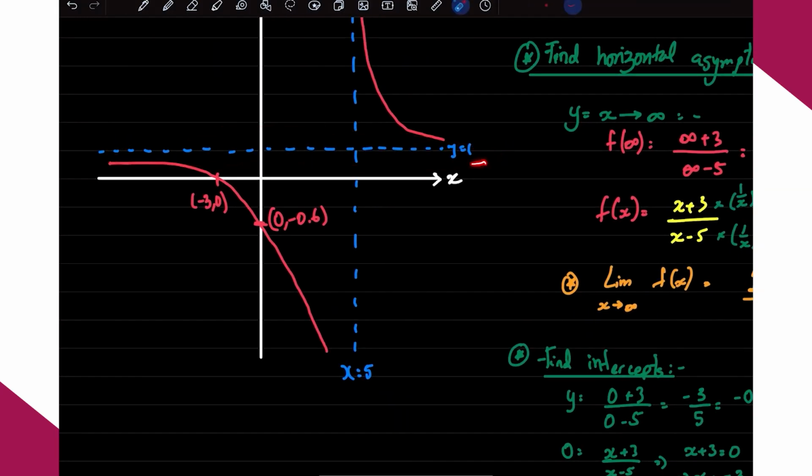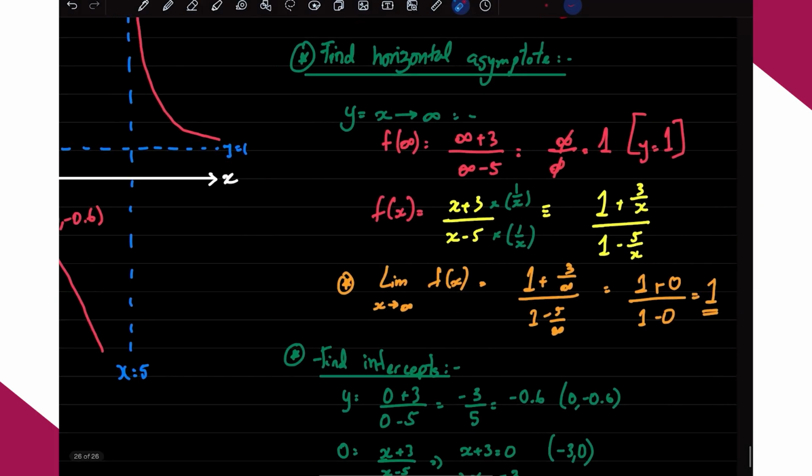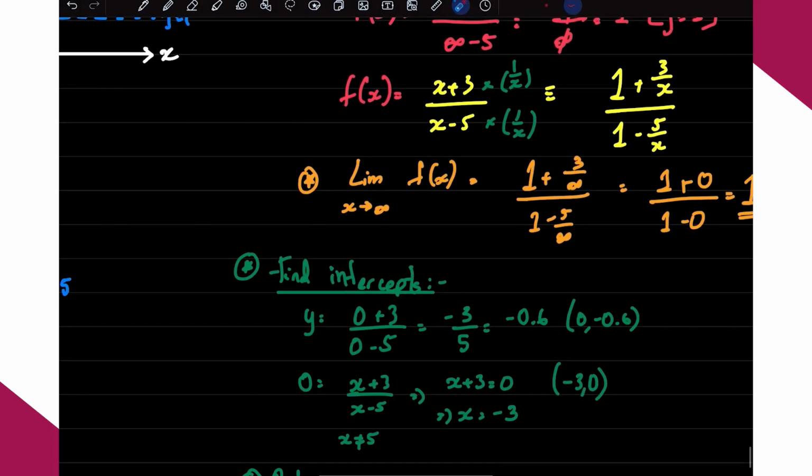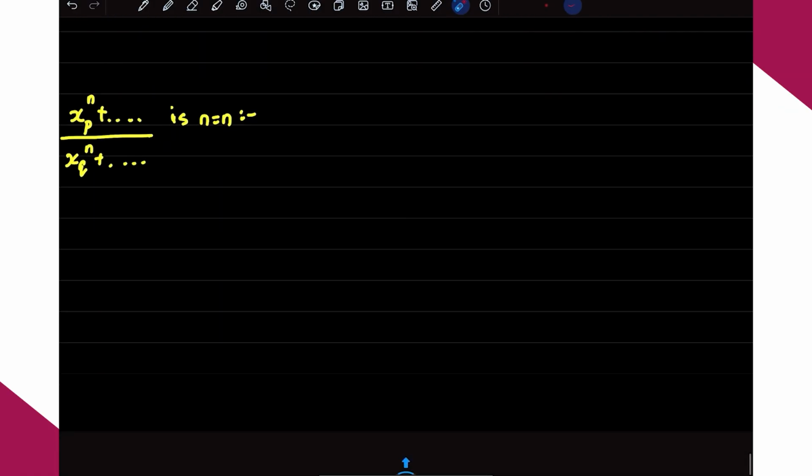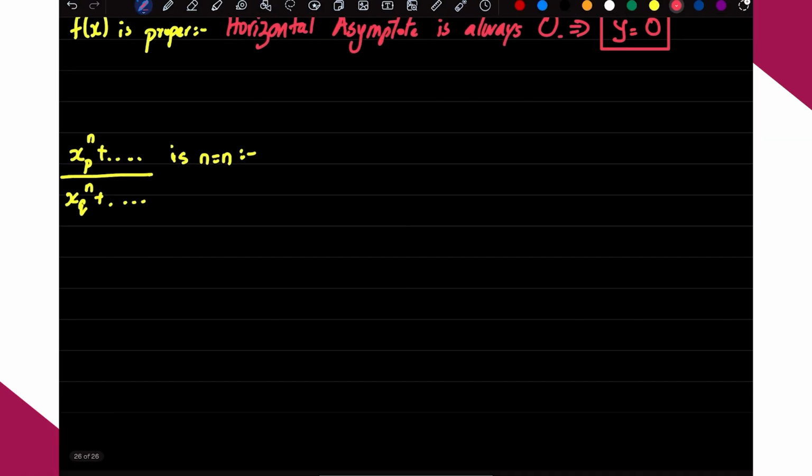Okay, you're always going to see this property, because ultimately, if you're placing infinity on the x's, no matter what the power is, x squared, x cubed, the highest power is always going to dominate. Let's say you had, just as a rough example, x squared plus x plus 1 over 3x squared plus 5x plus 1.